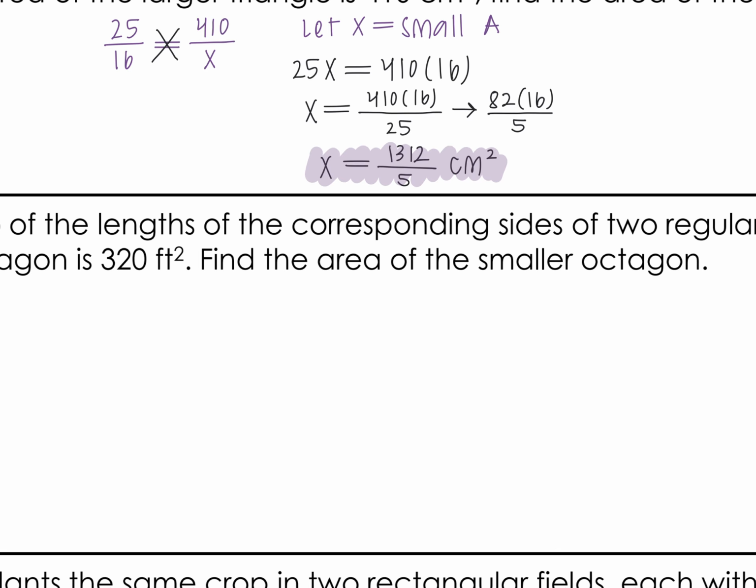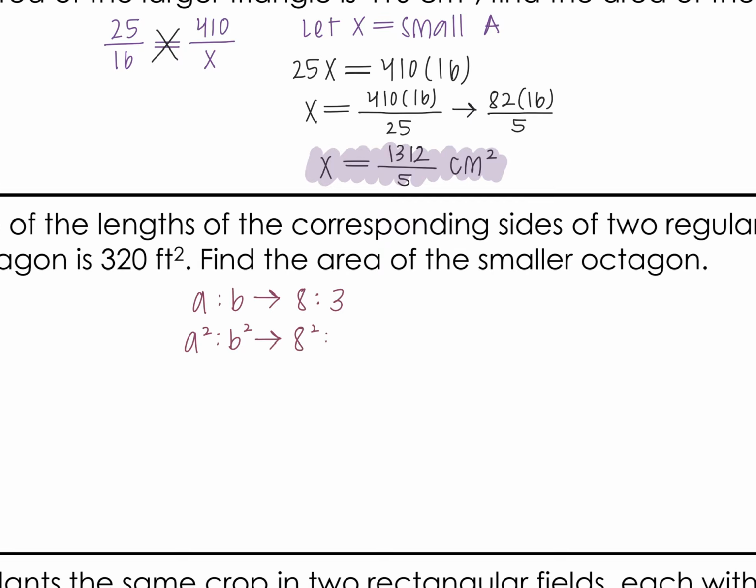Currently, I have that A to B, which is going to be that 8:3 that they gave us. But since I need area, I'm going to use A squared to B squared, which means I'm going to be using 8 squared and 3 squared, which will just simplify to give me 64 to 9.